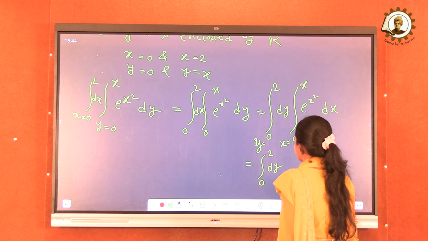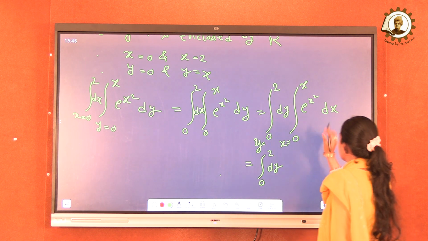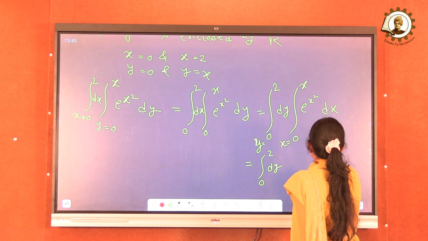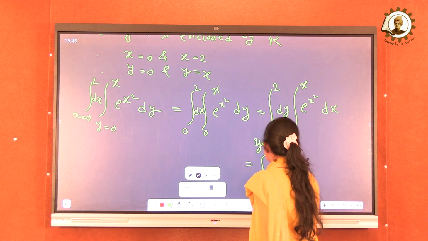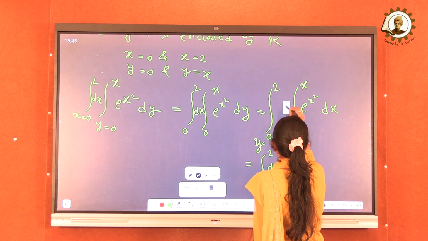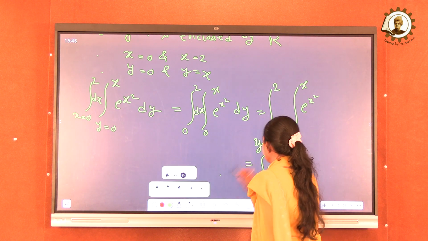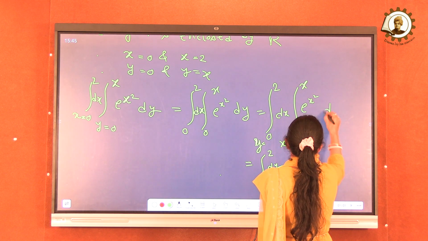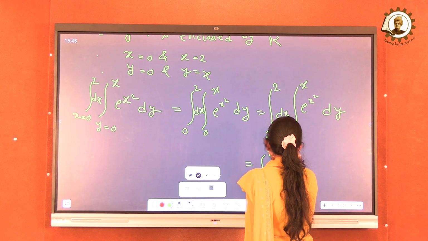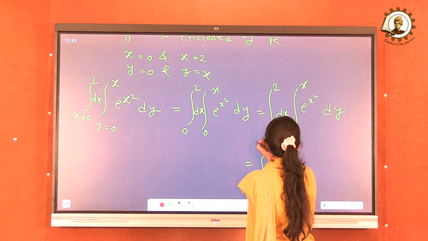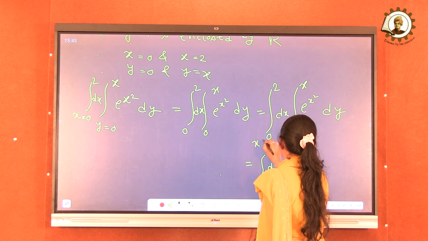Here we apply the basic integration formula for e to the power x square with respect to y. The order of integration is changed, dy dx.